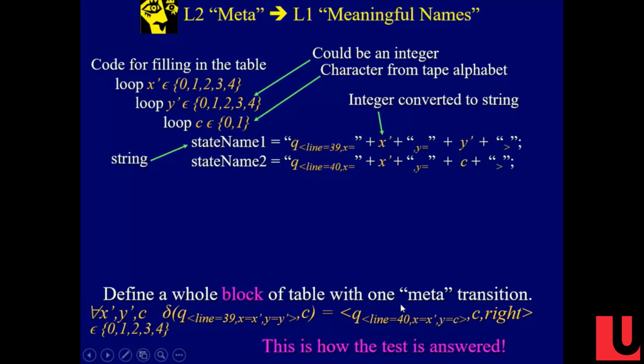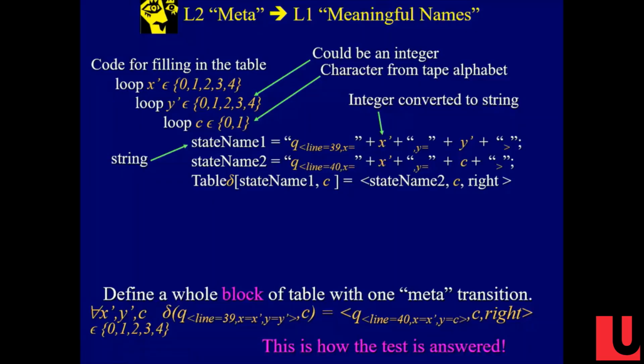And then I have to build my table. And so what's my table? It's indexed by states and by characters. If it says I'm in this state, I'm reading this character, then I go to this state, I write that character, and I go right.